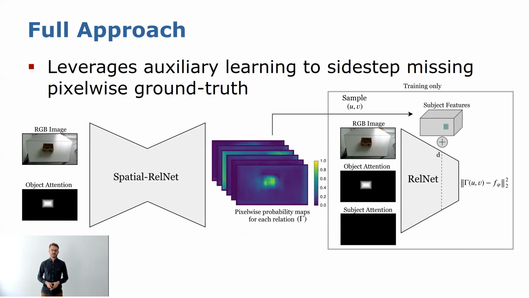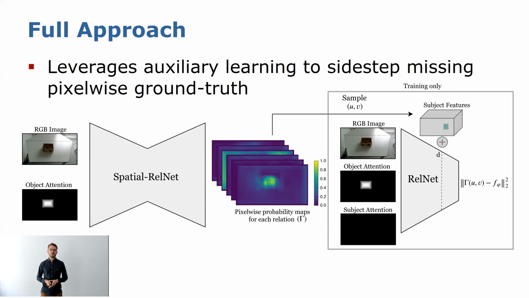We make use of this technique to develop our full approach, which can predict pixel-wise object placement probabilities for a set of spatial relations from a single input image. Our spatial RelNet network, which is based on the fast semantic convolutional neural network architecture, processes the input RGB image and the object attention mask to produce pixel-wise probability maps gamma over a set of spatial relations.